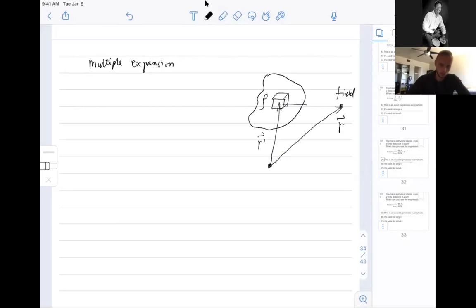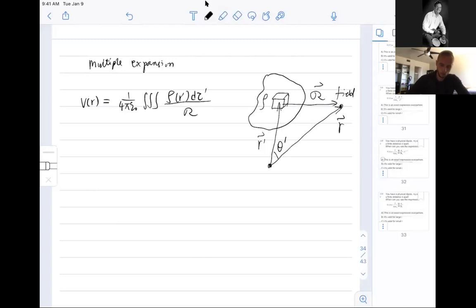And of course, from your source to your field point is the script curly R. And r prime makes an angle theta prime in this case. As we recall, this expression is exact, and in terms of a continuous distribution, the summation becomes an integral, so you're integrating all the charges over script R.